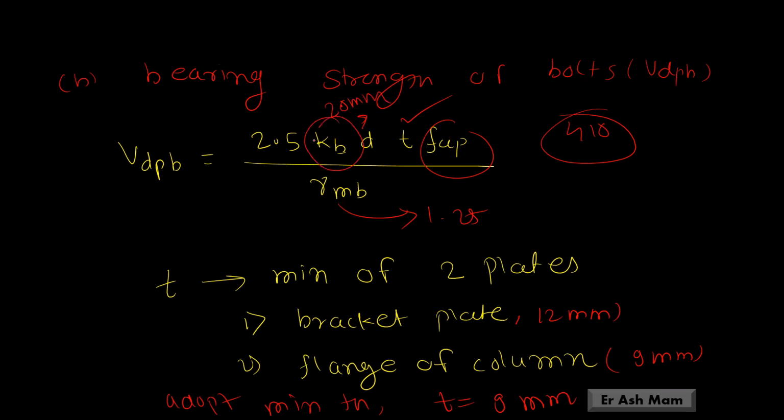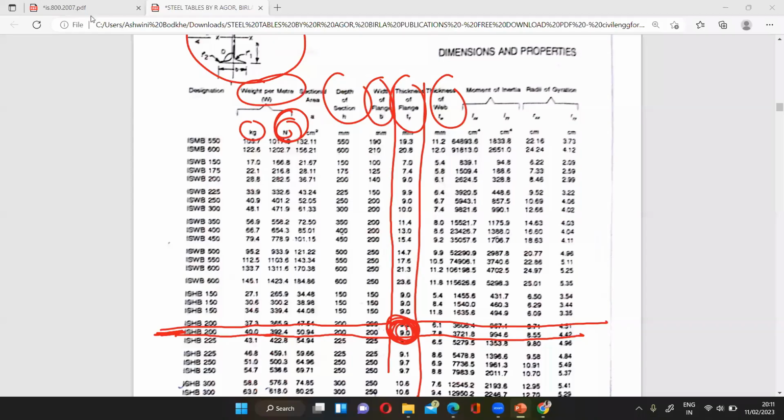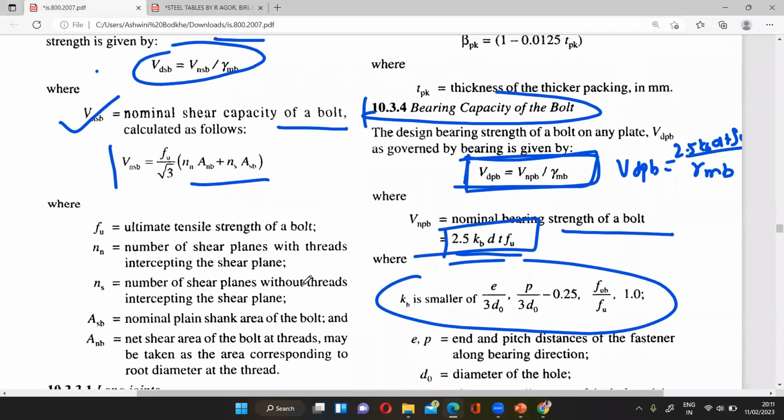Next, let's deal with this Kb. What is Kb? Let's refer to the IS code, IS 800. Where is Kb? Kb is the smaller of these four.